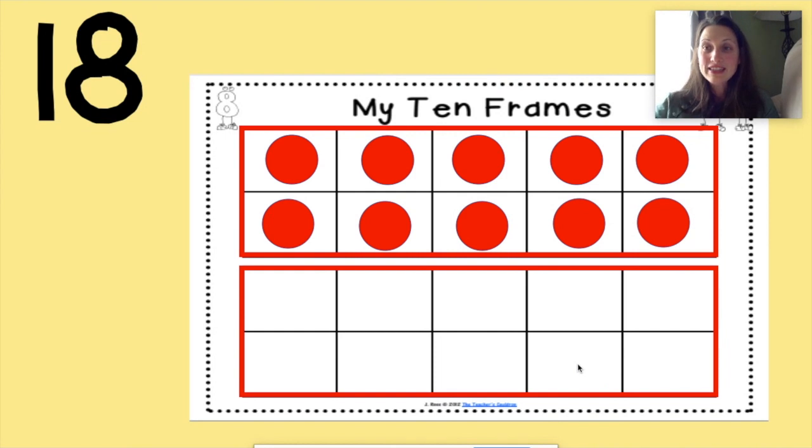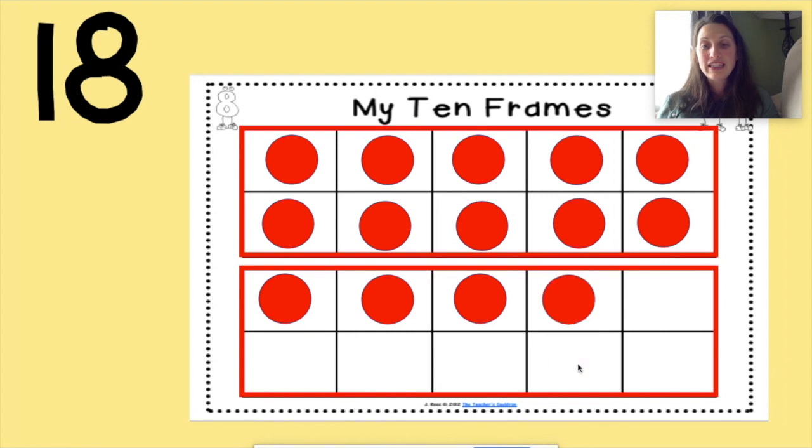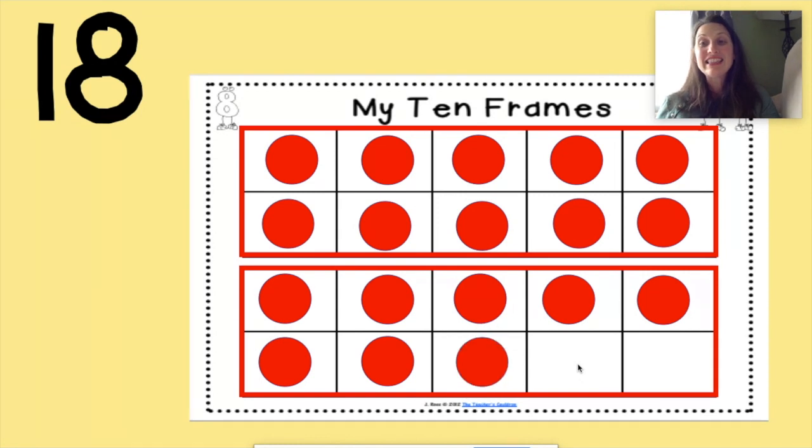And I noticed that my first tens frame is full, but we're not done counting. Here we go. 11, 12, 13, 14, 15, 16, 17, 18. Wow. To make 18 counters, I filled up 1 whole tens frame.